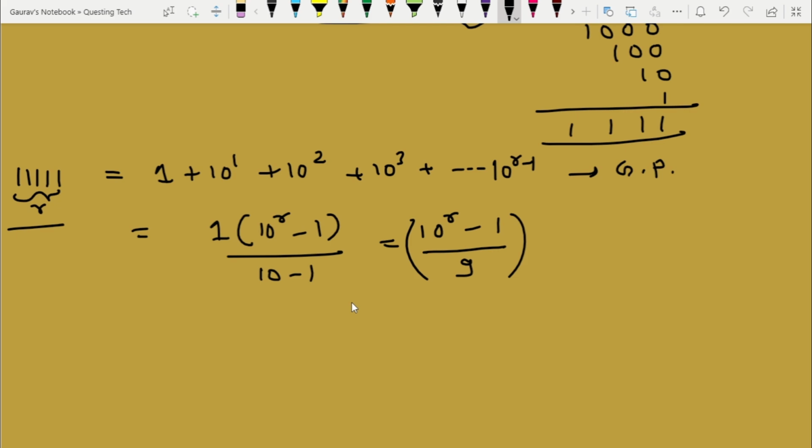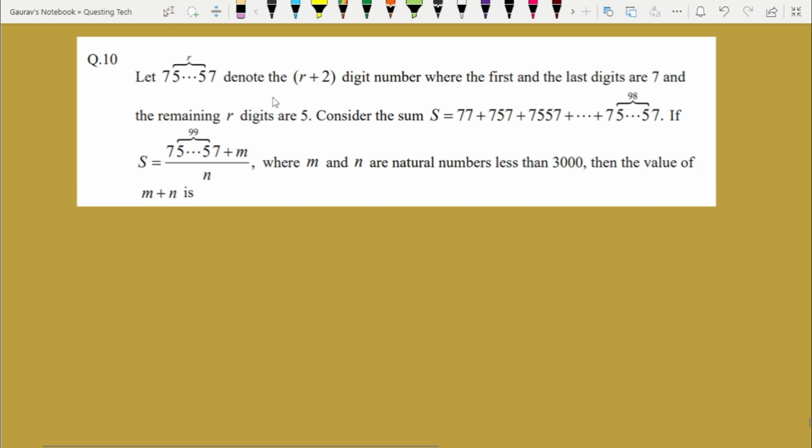Now we go to our main example. Can we represent this number, 7, then 5 5 5 5, and then 7? There are r 5s and two 7s.